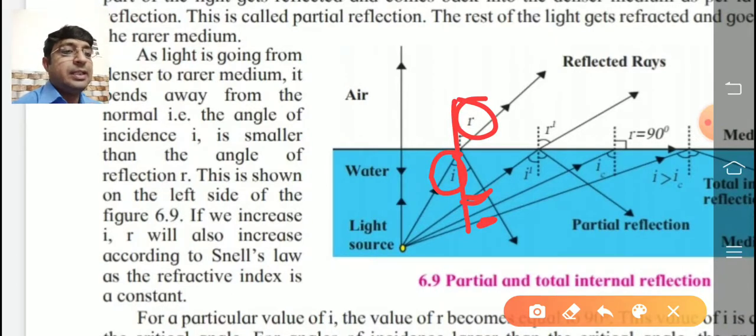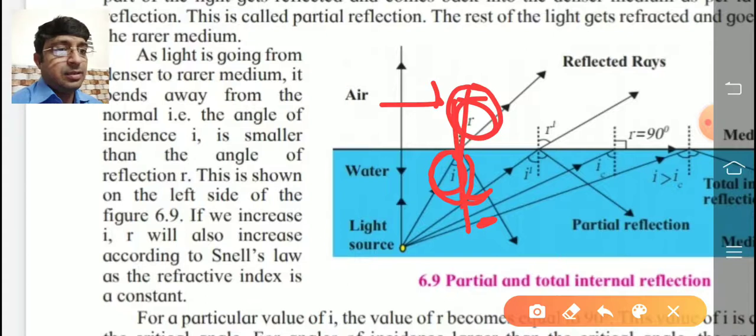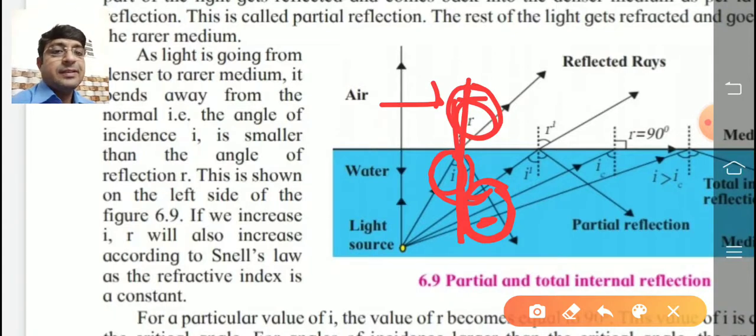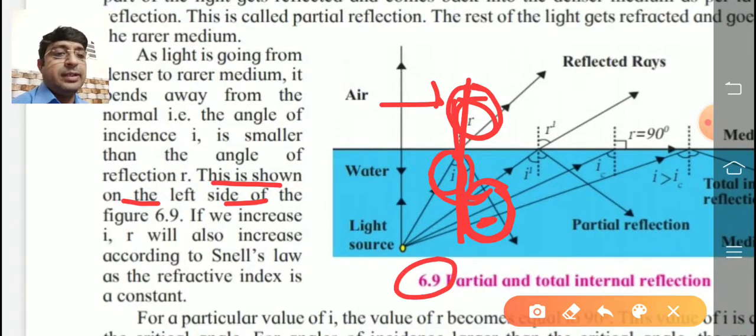The angle of incidence forms in the water medium, and the angle of refraction forms in the air medium. Remember this. But the one formed in the same medium on the opposite side of the normal is called the angle of reflection. This is shown on the left side of the figure 6.9.